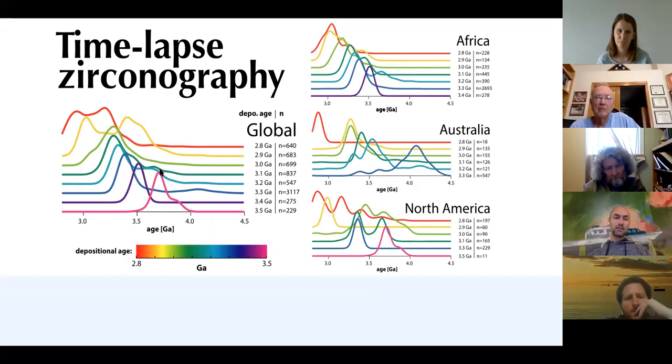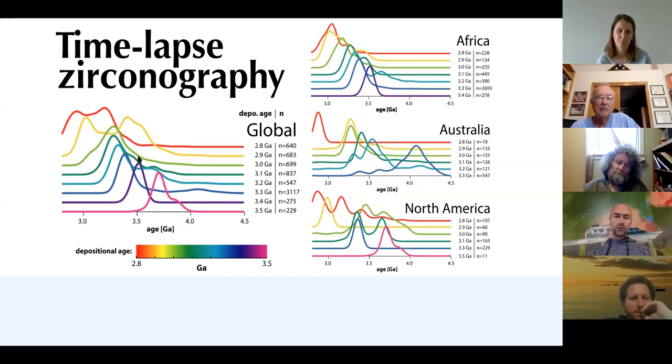you can see the dominant age peak at each of these time intervals marches forward in time. This is not surprising: you've got magma that's produced at this time, and so you have a large peak, then you've got magma that's produced at this time.